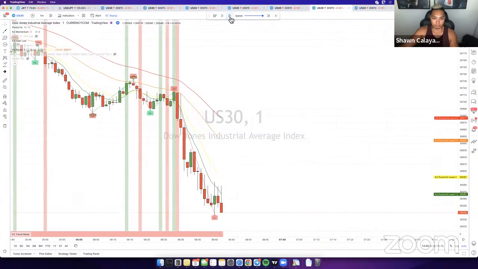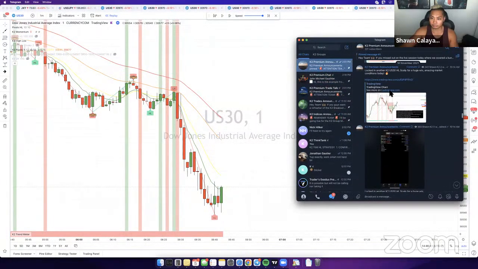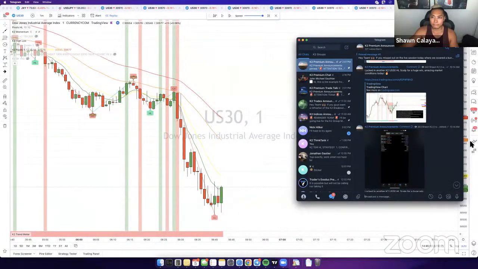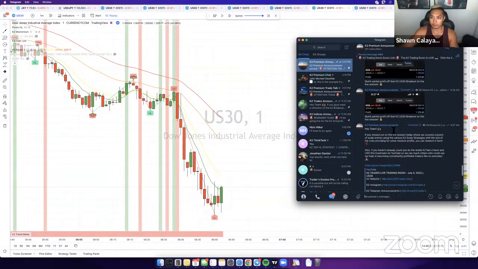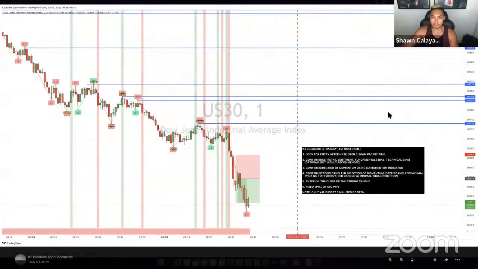But okay, so I forgot where the entry was for this breakout. Let me check real quick. Oops, that was on an entry. So there's the breakout.